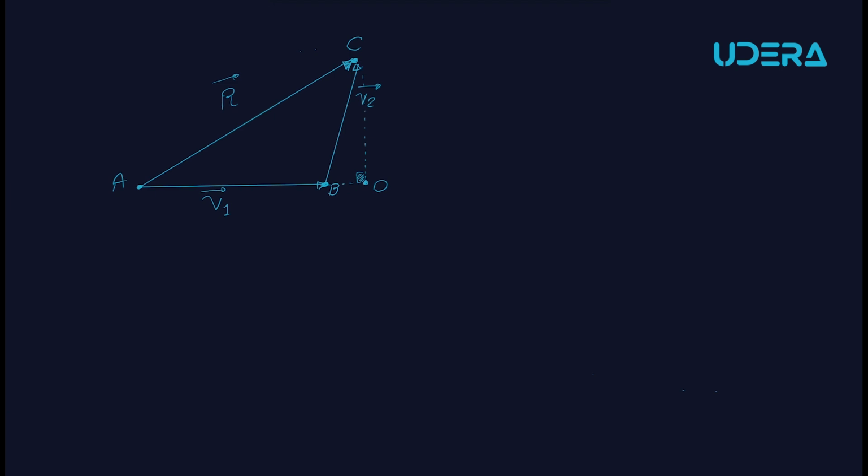Now I have three triangles. The biggest one is the triangle ACD, which is composed of two smaller triangles, ABC and the triangle BCD.